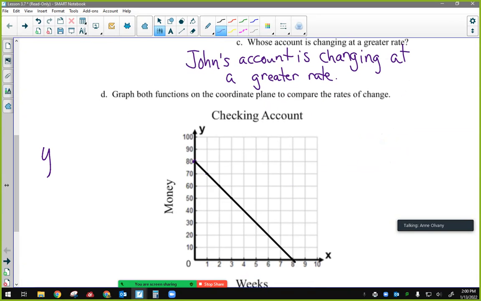Y equals 250x plus 10. How do I go about graphing this? Thoughts? Jake? So the y-intercept is 10. So it's going to cross here, right? All right, and then got to go up by 250. Slope is 250/1, which is gonna stink.